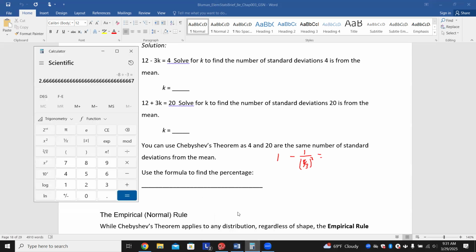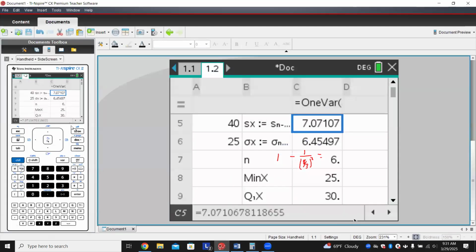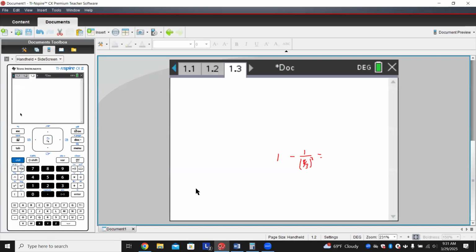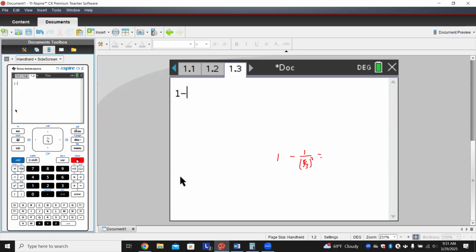I'm going to use the calculator. I go to the regular calculator and do 1 minus, control divide, 1 over, control divide again, and enter 8/3. Since I'm still on the bottom of that fraction, I hit the square button, which squares that outcome. I hit enter and get this.